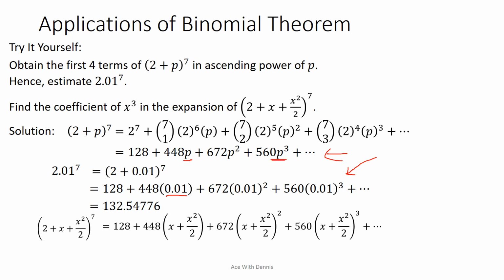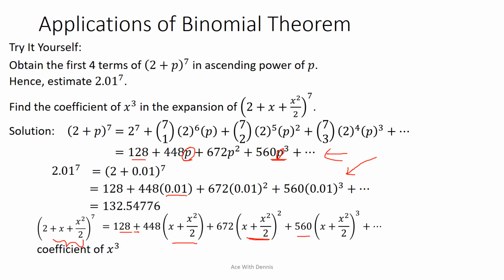Whenever we see the p, we substitute with x + x²/2. So 128 + 448(x + x²/2) + 672(x + x²/2)² + 560(x + x²/2)³ + ... Then we simplify.